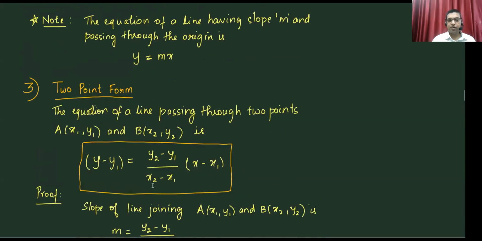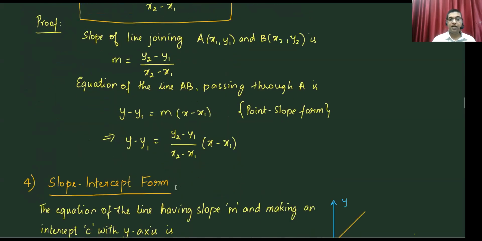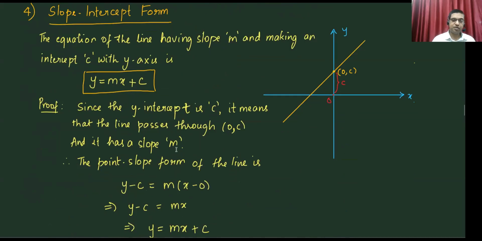Y minus y1 equals slope times x minus x1. We have to remember these forms. We just can't avoid it. We have to remember. The equation of a line having slope m and making an intercept c with the y-axis. Intercept means this distance from origin to the point where it cuts the y-axis. This is called the intercept.